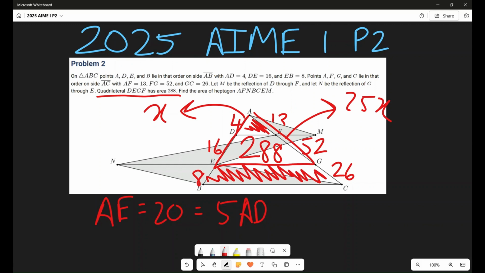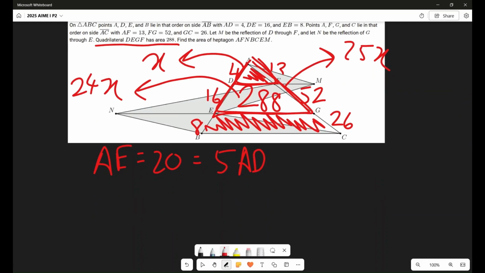So that's 25x. Now we know that the quadrilateral is just this big triangle minus the small triangle. So this 288 comes out to be 24x. So we can note that down here. 24x is equal to 288.